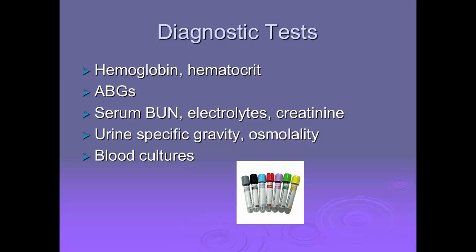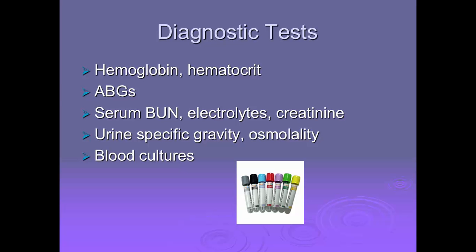All right, so diagnostic tests that are done. They will do blood hemoglobin and hematocrit. Changes to these concentrations usually occur in hypovolemic shock, and that's just due to fluid and blood loss.